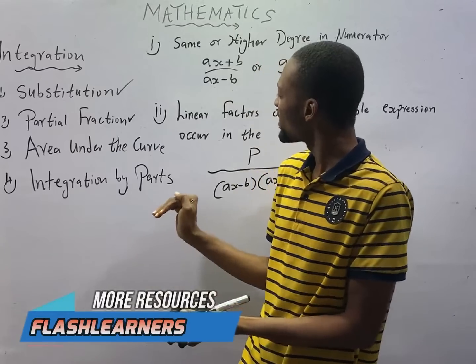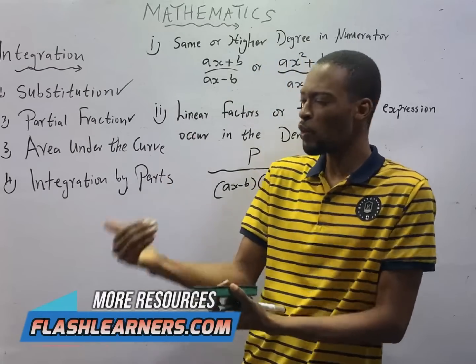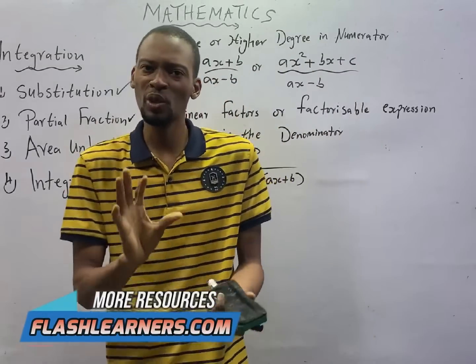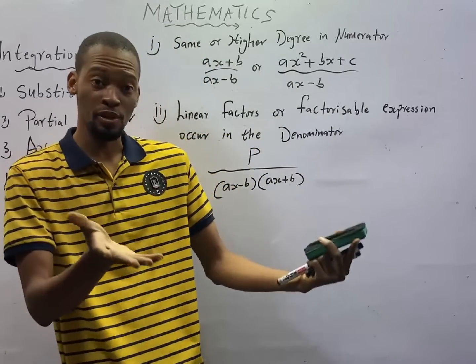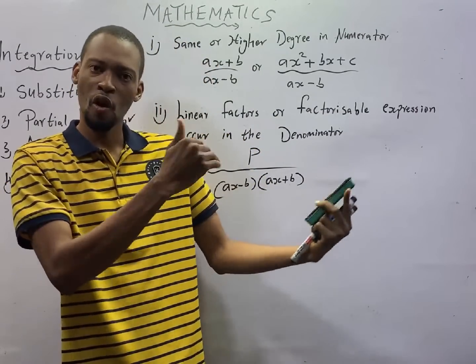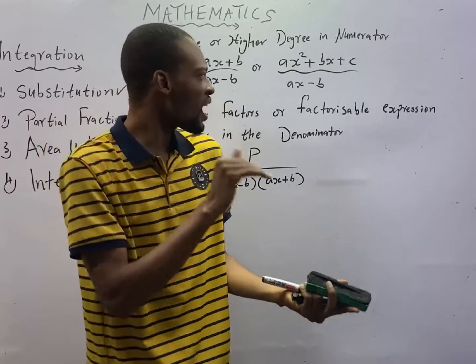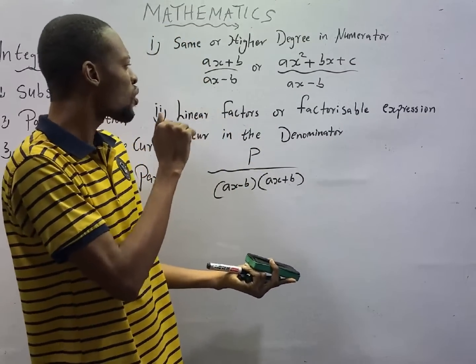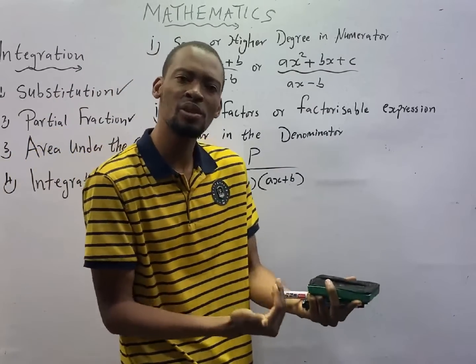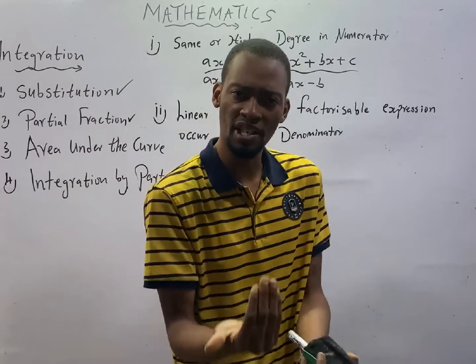Remember, I dealt with polynomials where I explained that polynomials are expressions with ascending or descending power of variables. Now, there are two conditions where you integrate using partial fraction.